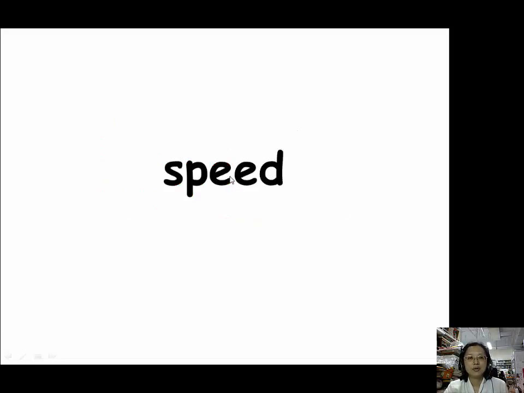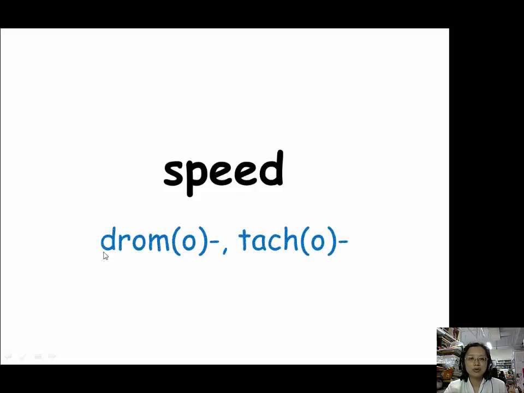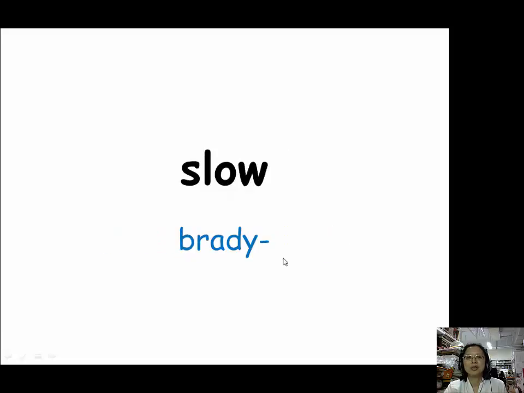Let's review what we've just learned. When we want to describe speed in a professional term, we could use dromo, D-R-O-M-O, or tacho, T-A-C-H-O. When we want to describe something slow, we use the prefix brady, B-R-A-D-Y.